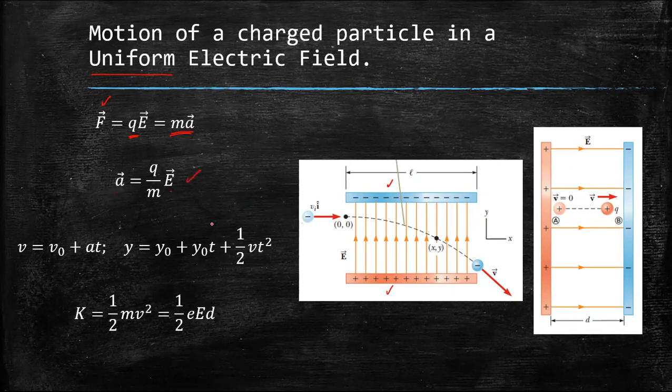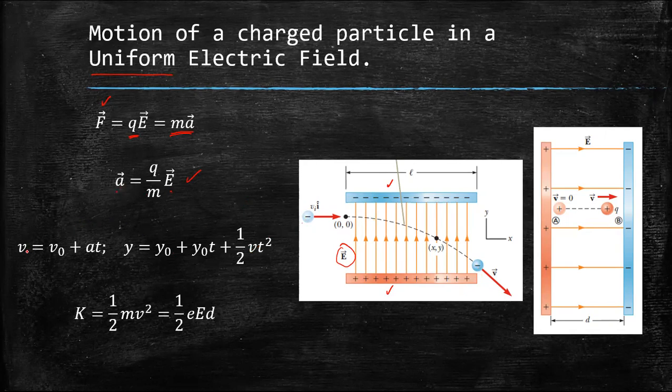And notice that the acceleration is always parallel to electric field E. In this case, the electric field points upward, and since the charge is negative, the force points downwards, and since the electric field is uniform, the acceleration will be constant, therefore the particle has a parabolic trajectory.